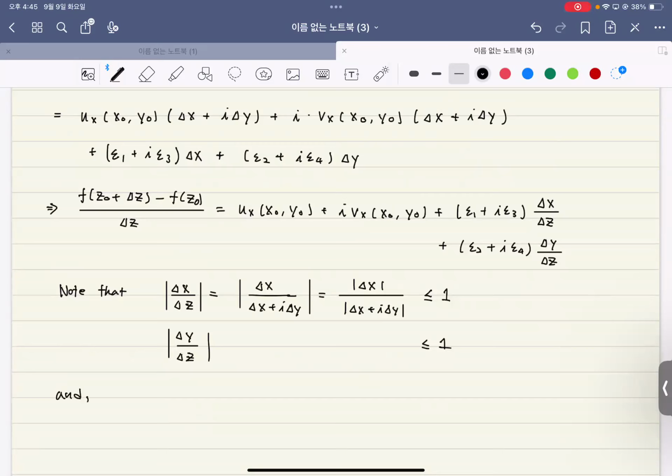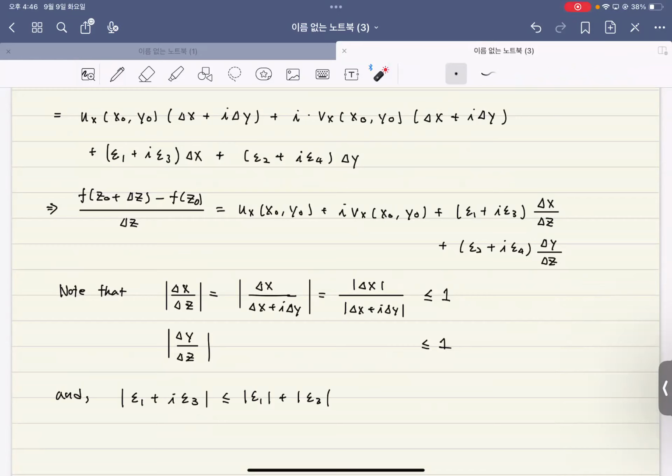And the modulus of epsilon 1 plus I times epsilon 3 is bounded because of the triangle inequality.